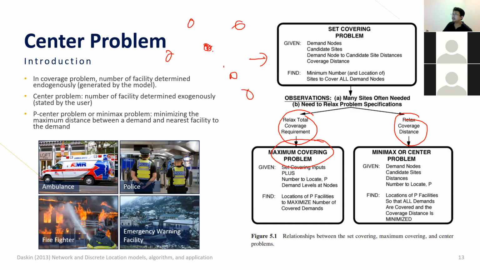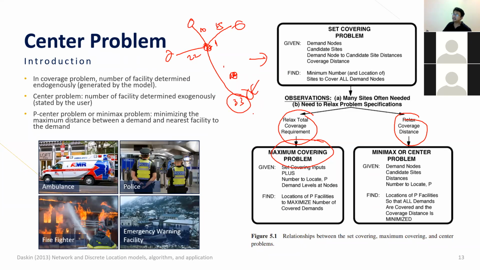okay, this is the facility. Let's say we allocate this one. Here the distance is, let's say, 10, this 15, this 22, and going here is 33. So the maximum distance among all this demand is this one, right?